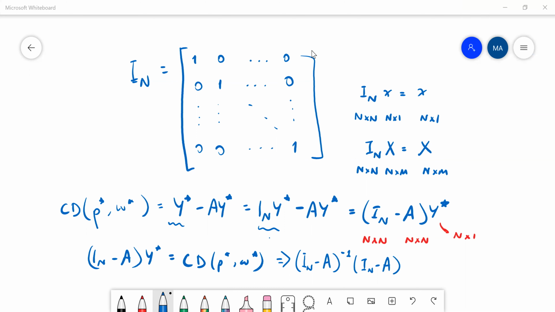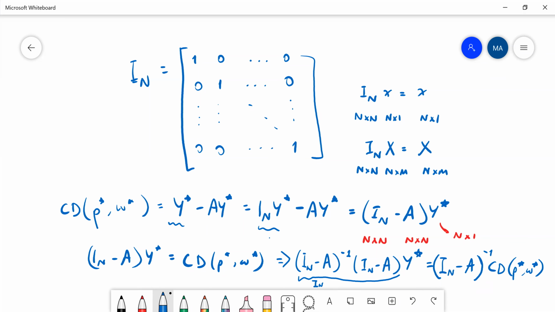Okay. So I have (I_n minus A) inverse, consumption demand, p star, omega star. Okay. So notice that this is just equal to the identity matrix itself.